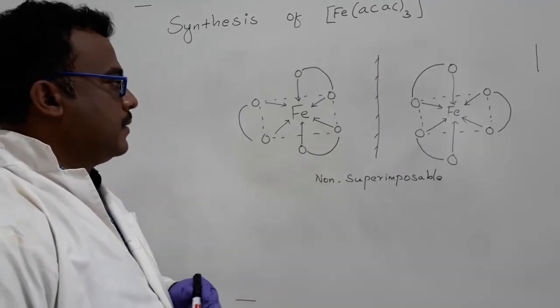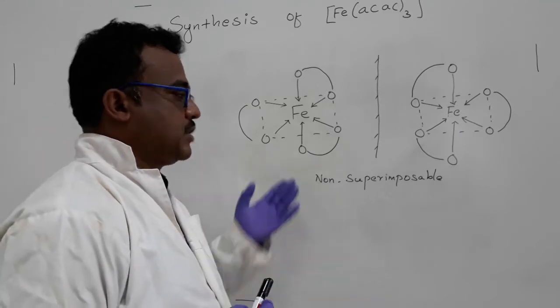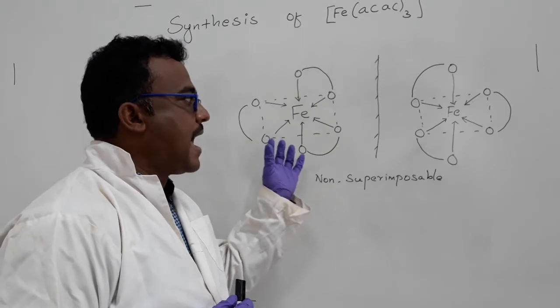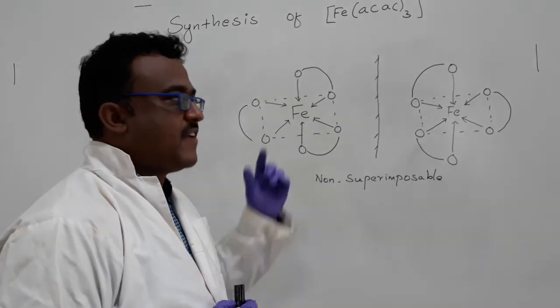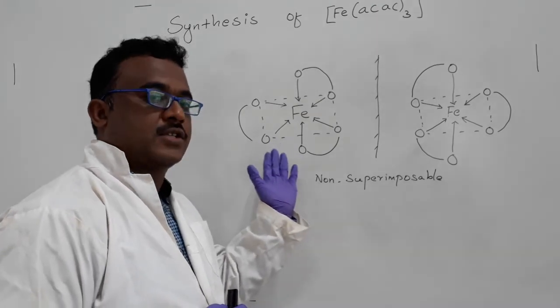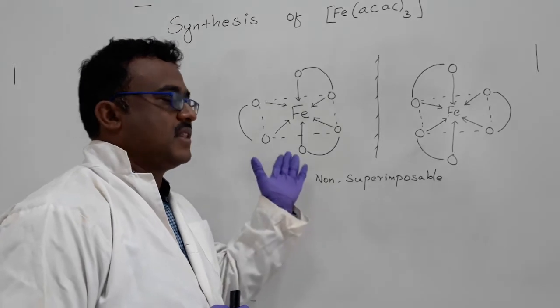How can we label this complex? This has an octahedral geometry, which we have to remember. What I have drawn is actually a 3D structure drawn as a 2D representation.